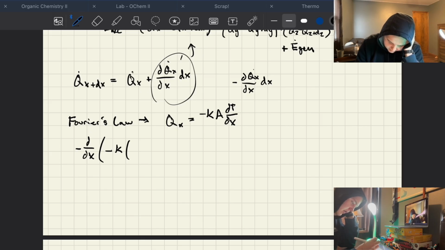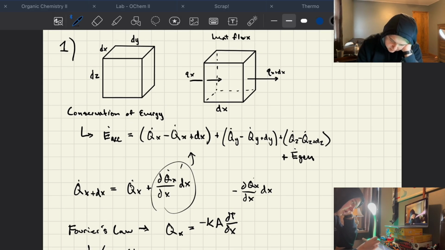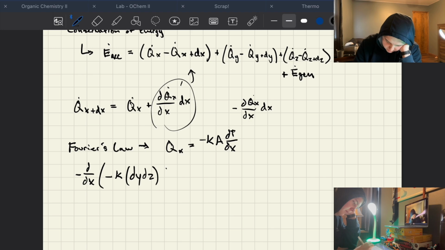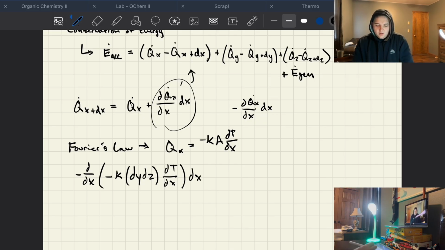Our area in this circumstance, once you look up at the cube, is going to be dy dz, or sorry, dy dz. And then the differential, just re-add that, dx, of course, because you can't forget this value. Okay, that looks good. And then this can just be simplified.